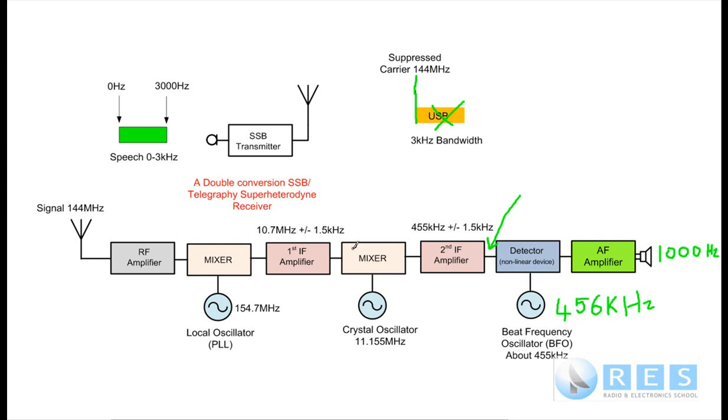The only difference is if you're really serious about Morse code telegraphy, the bandwidth of these IF amplifiers can be reduced even further to 200 hertz, because CW is the narrowest mode that we can have. We want narrow receivers because narrow receivers receive less noise. If you switch from double sideband on your radio to single sideband, you notice an immediate reduction in noise.